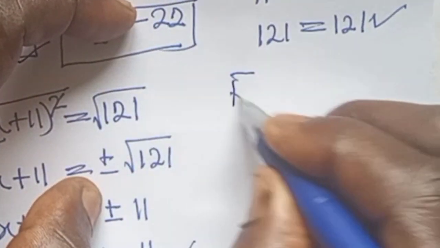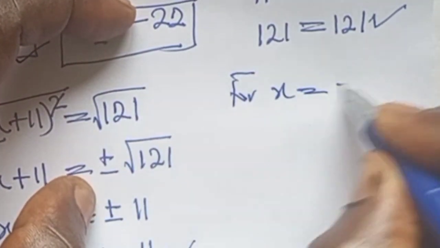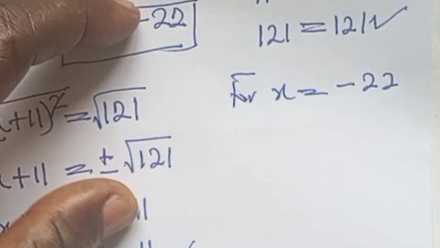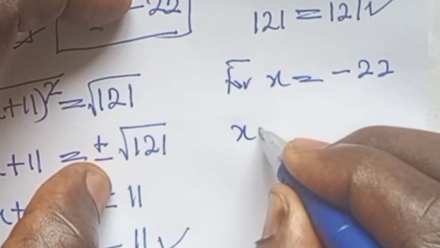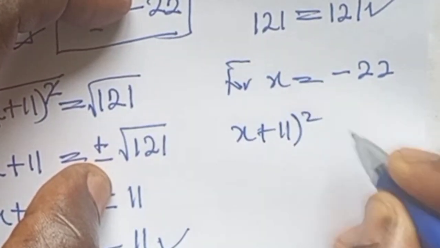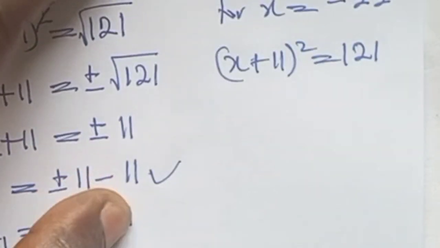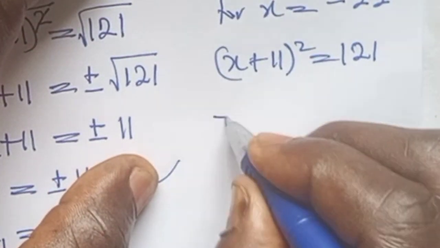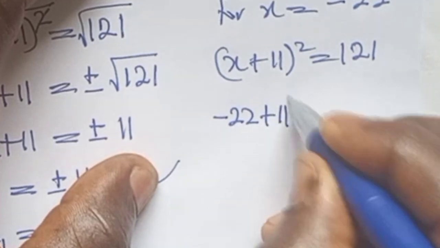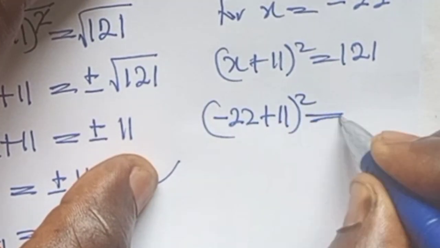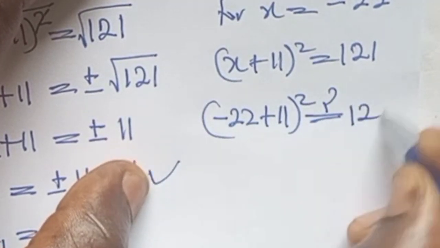and for x equals minus 22. From our equation, (x + 11)^2 is equal to 121. So (minus 22 + 11)^2, can this be equal to 121?